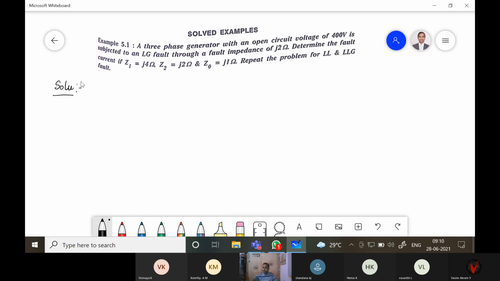Solution. First take this problem. In this problem he has asked for line to line. So this first one is line to ground fault.